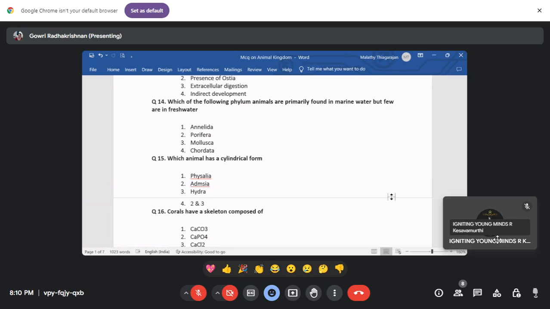You are saying Porifera are also found in fresh water. Few are found in freshwater, mostly marine, ma'am. Yeah, but Mollusca are primarily found in marine water. Okay, ma'am.